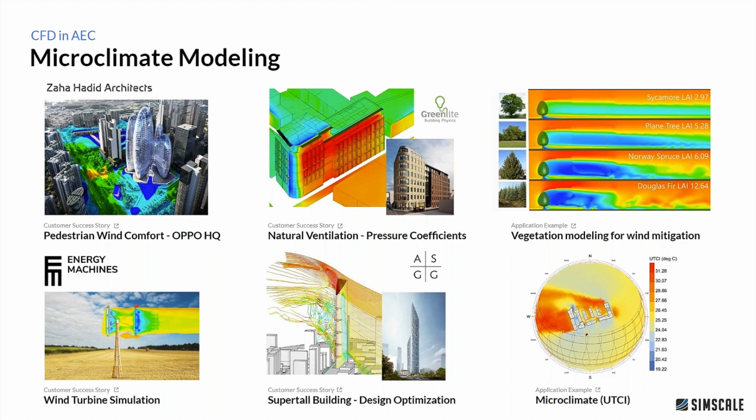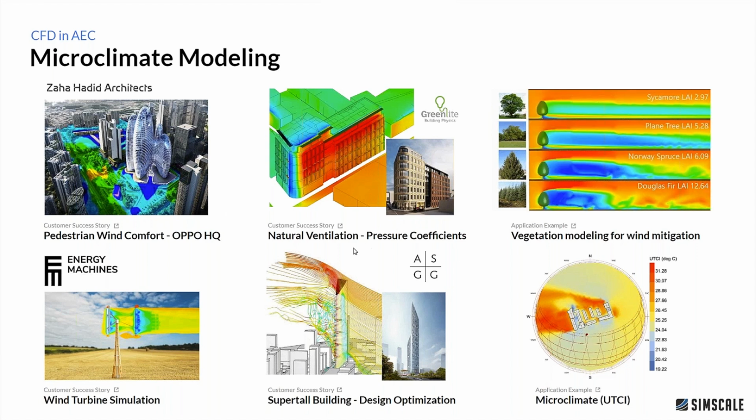On the top left, we see Zaha Hadid architects using SimScale for pedestrian wind comfort evaluation of a large new building in China. So the Oppo headquarters was built with SimScale as the tool to ensure that pedestrians around that area feel comfortable, but are also safe from extreme wind conditions that might be caused by such tall buildings.